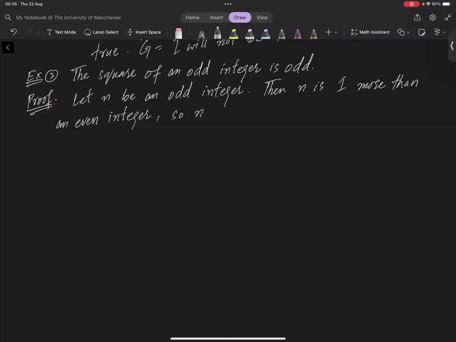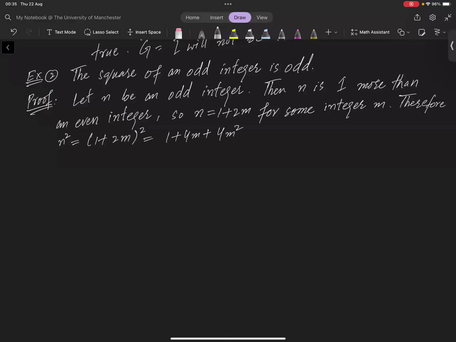So n is 1 plus 2m for some integer m. Therefore, n square is 1 plus 2m square, which is 1 plus 4m plus 4m square, which is 1 plus 4 into m plus m square.